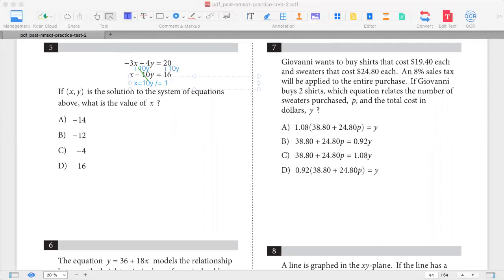Why 10y plus 16? Because 10y cancels negative 10y, and in the other side I have 10y and positive 16. So now I have a value for x. I will take this value for x, which has a variable which is y.